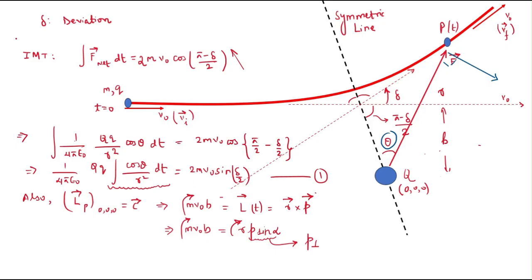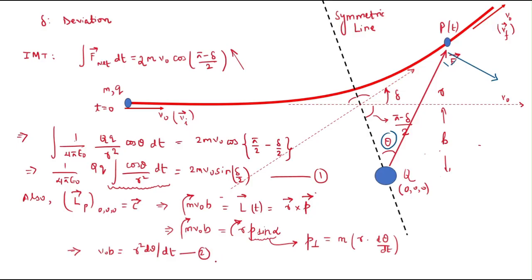Hence we can write our p perpendicular as mass multiplied by r omega. Now omega can therefore be written as d theta by dt. So therefore v naught into b comes out to be r square d theta by dt. This is our second relation.